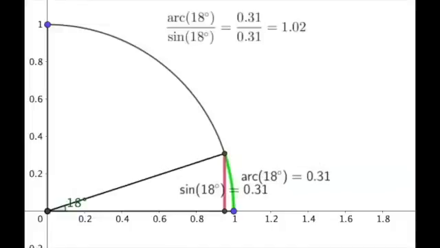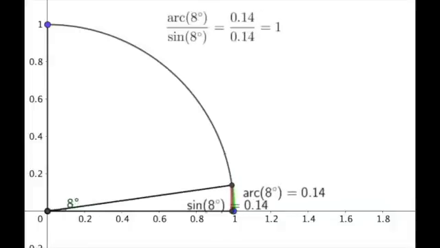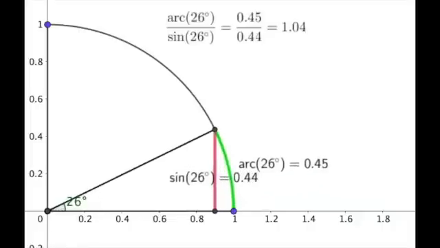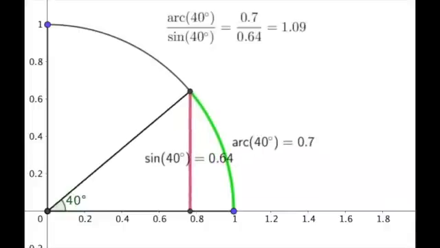Notice when it's 18 degrees, the arc is only 2% bigger than the sine. And as I get closer and closer, the ratio gets close to 1, but they're never exactly equal. So we're not going to be able to just find a relationship between the arc, which is easy to calculate, and the sine, which is hard to calculate.